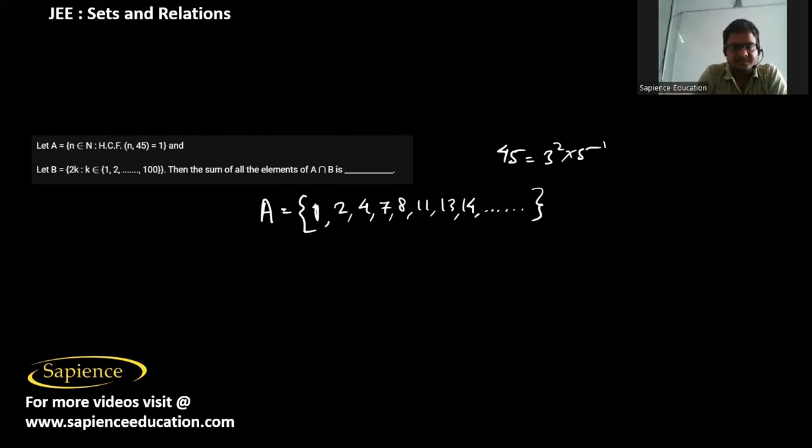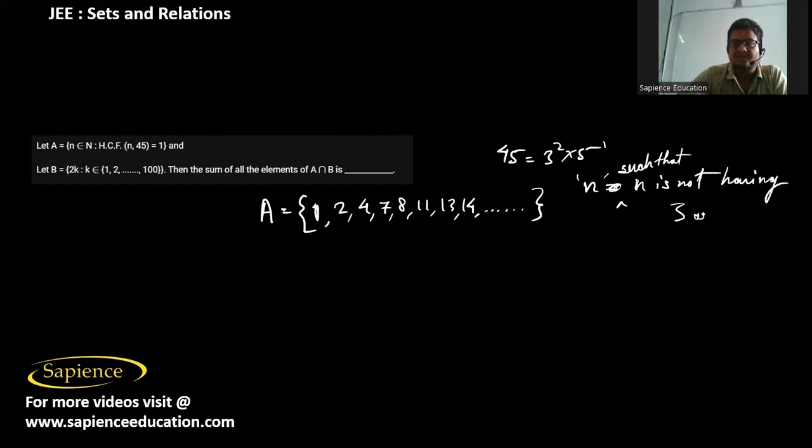So A contains all n such that n does not have 3 or 5 as its factor. Then B is the set which contains all those 2k such that k belongs to 1 to 100. So it contains all the even numbers from 2 to 200.